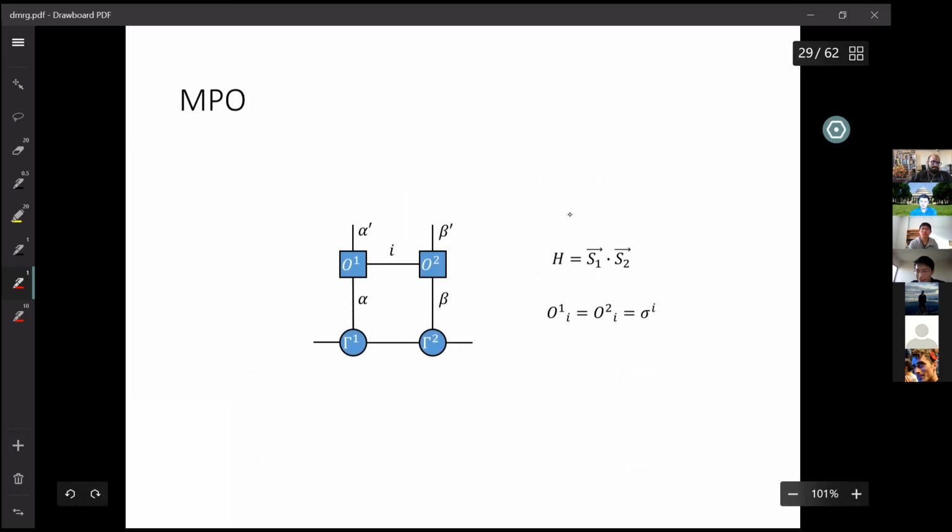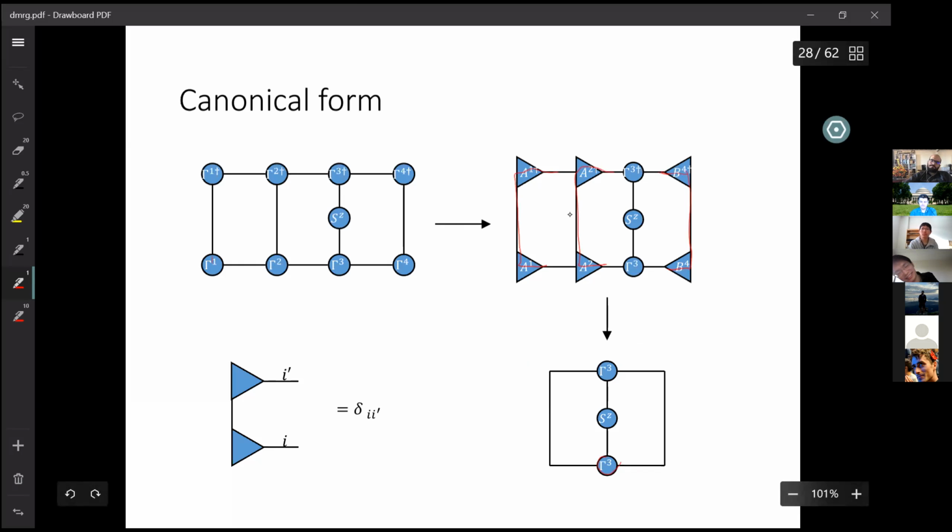Wait, but if I'm interested in the SZ on one site, isn't it hard to redo the basis change so that I get into canonical form for that site? It is. But when you measure correlation functions, you need to do a lot of measurements, right? So you need to calculate a lot of SZ expectation values.